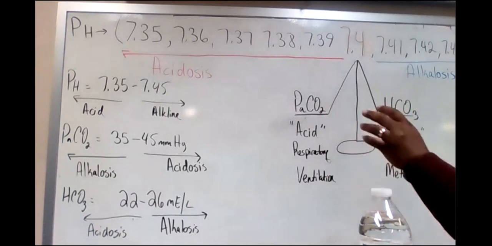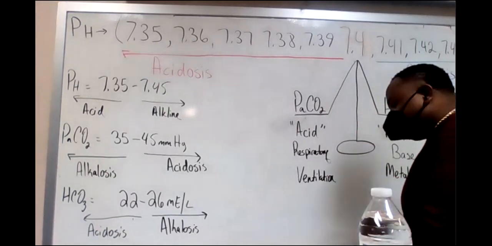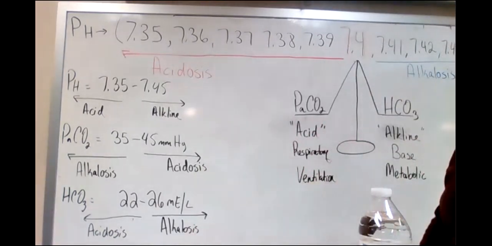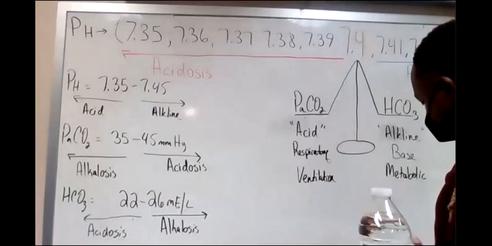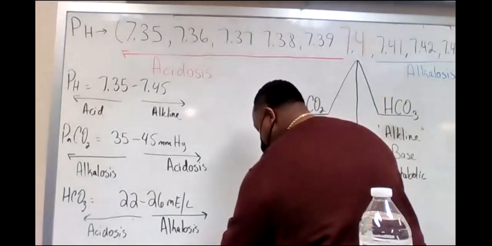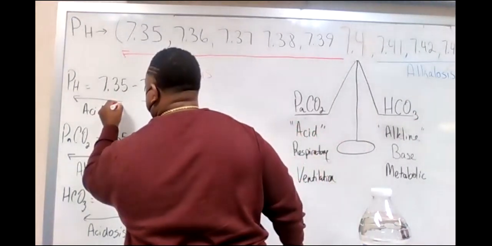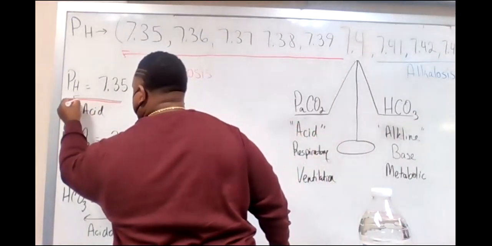All right, so let's look at it. So those are my normals. Let's make sure you understand what's what. Get my red out so I can match that in blue. All right, so this one happens to be acidosis.